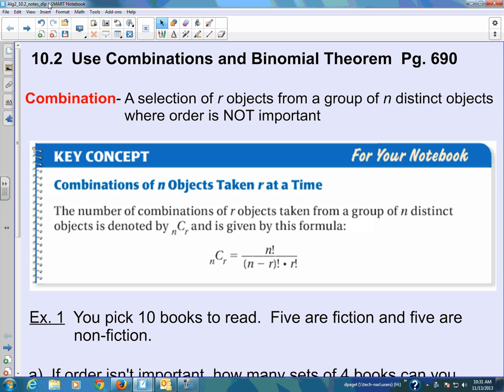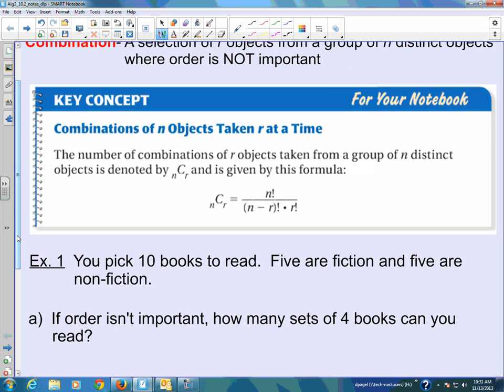So here's a little equation that we can use for our combinations. It looks very similar to our permutation equation. Remember, our permutation, which is represented by nPr, was n factorial over n minus r factorial.